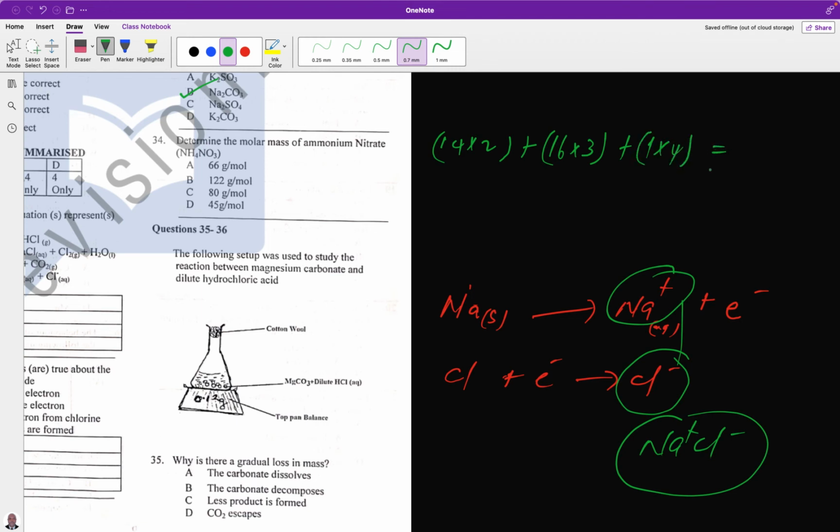If we do this, we will have 80 gram per mole. So now our answer is C.